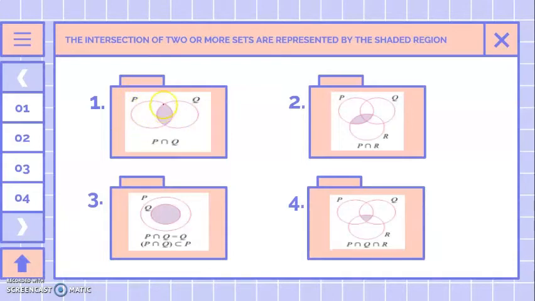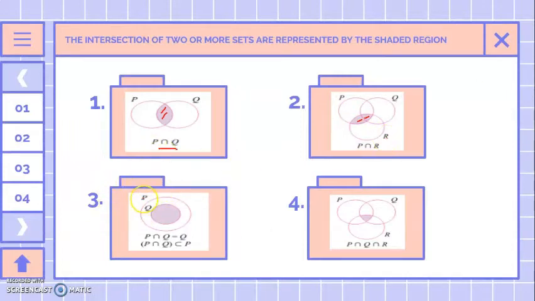So the intersection part is right here. So you will write it like this: P intersect with Q. For the second example, we have sets P, Q and R. So the shaded region is here. So you will write it as P intersect with R only.